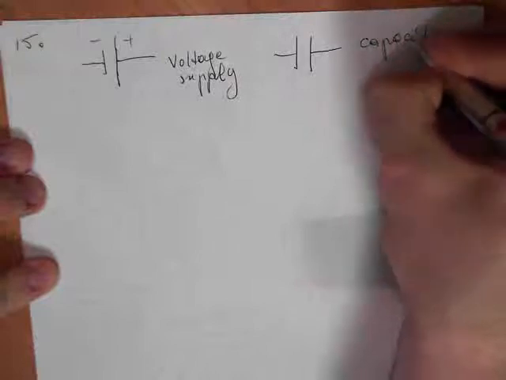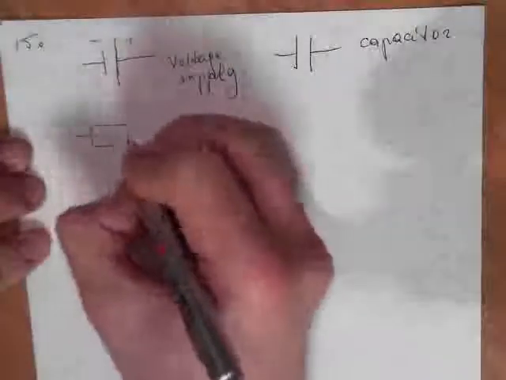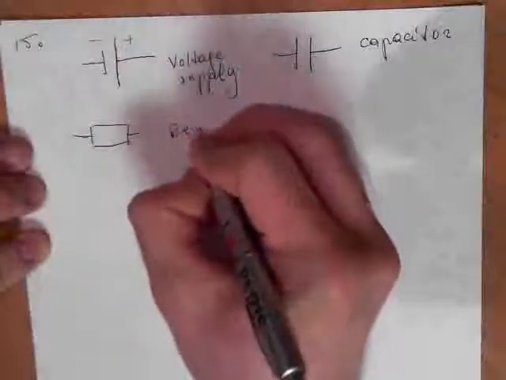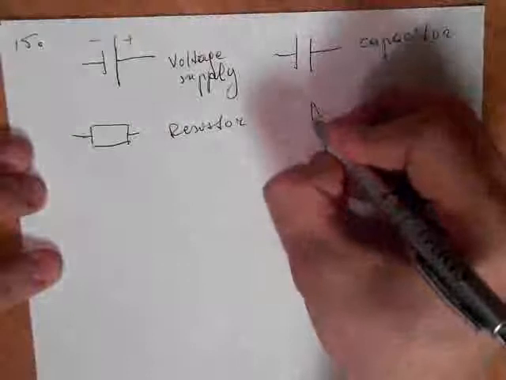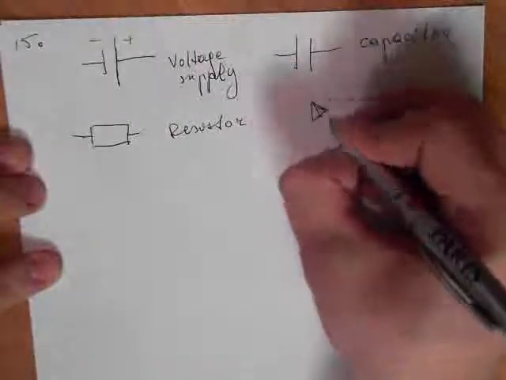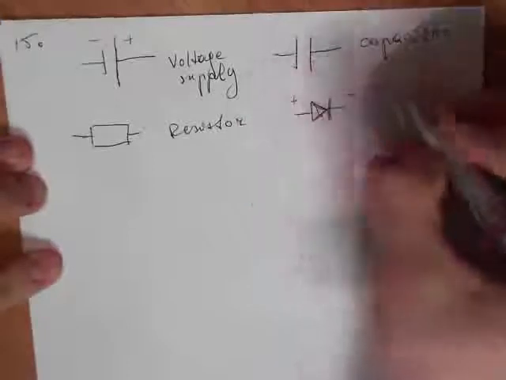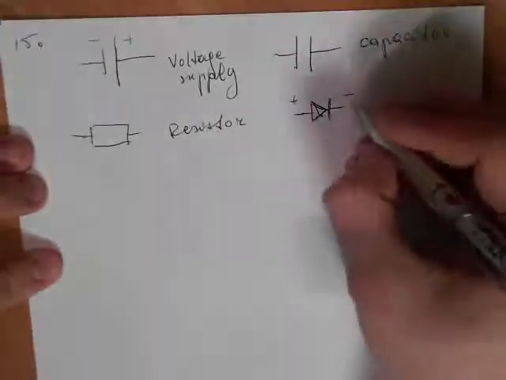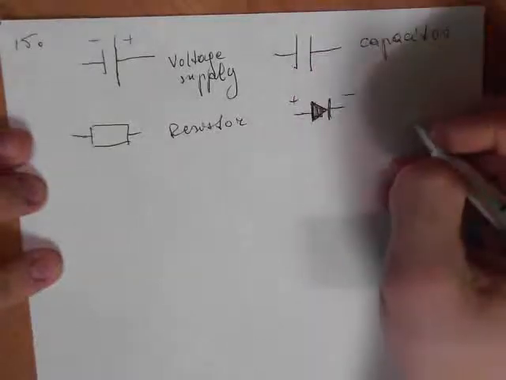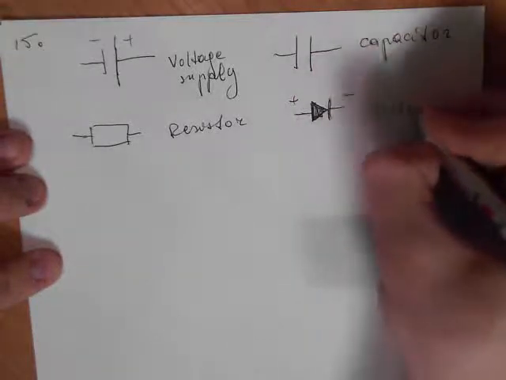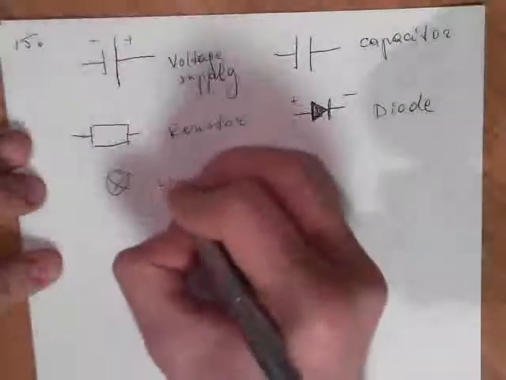We didn't have the capacitor, but it accumulates charge. Resistor is like this. Diode is like this, with plus and minus here. Usually these signs are not written. Light bulb is like this.